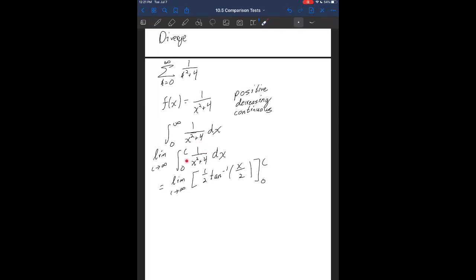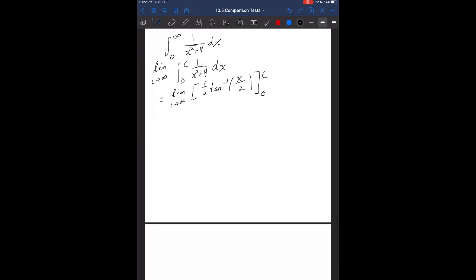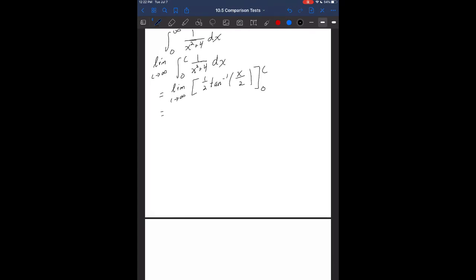If you also want more practice with these trigonometric substitutions, this is a pretty good problem to practice on. It does not end up being too difficult of a trig sub that you actually need to do for this problem, and so it's good practice. But we can see either from a table of integrals, or if we go through the work, when we take the integral, we're going to get this tan inverse right here.